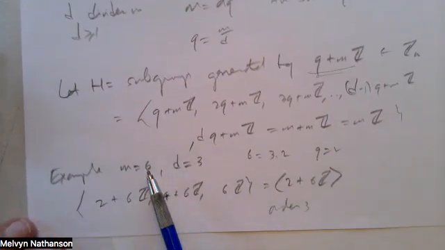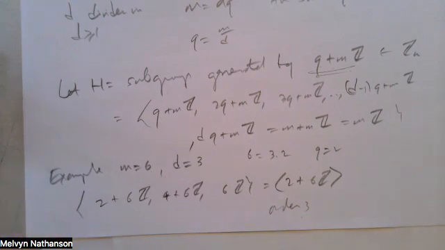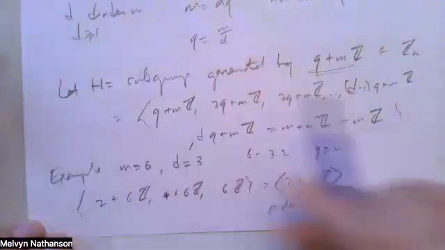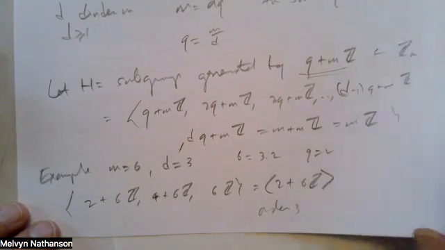So 3 divides 6, and the integers mod 6 contain a subgroup with 3 elements. Right? That's all we're saying here. Any questions about that?